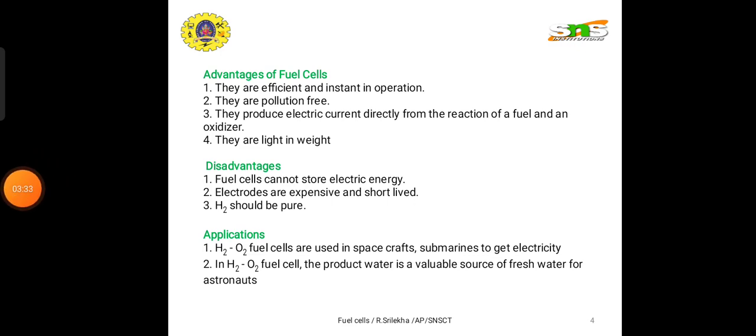This can be used in various fresh water applications. The fuel cells are efficient and noiseless in operation, pollution free, and produce electric current directly from the reactions of the fuel and an oxidizer. They are light in weight. Fuel cells cannot store electrical energy, and they are expensive and short-lived.